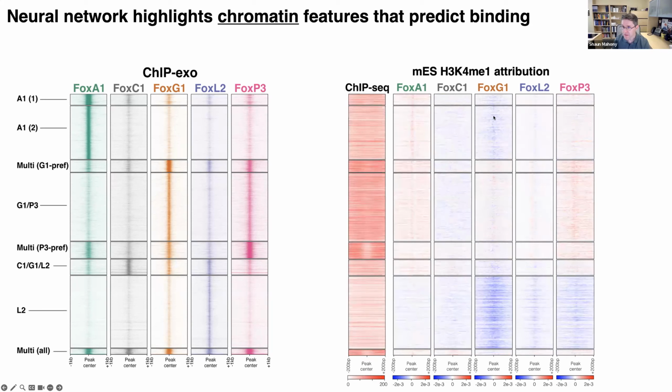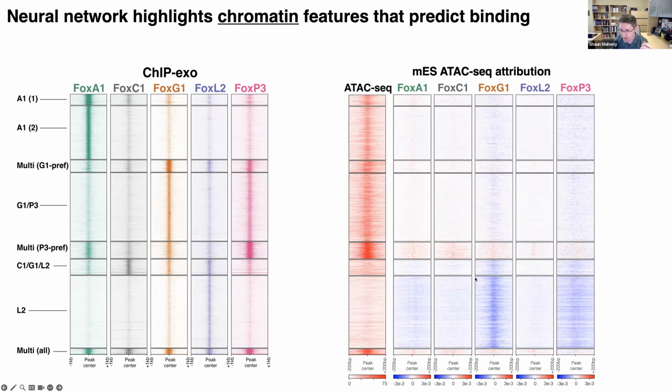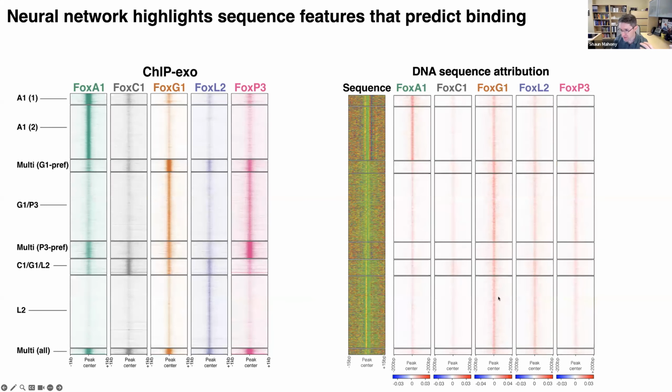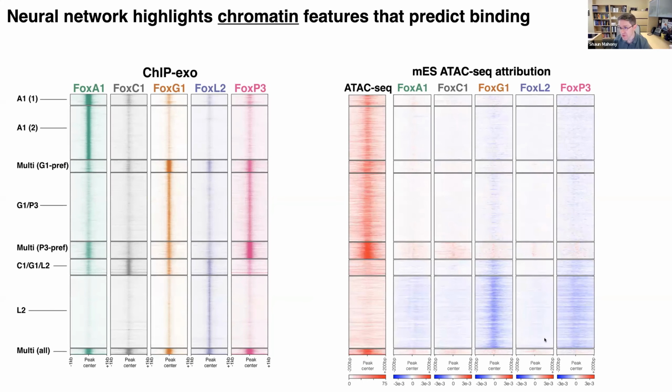You can see that the lack of ATAC-seq at this set of sites, for example, is quite a strong negative predictor of binding for FOXG1 or for FOXP3. So in other words, the sequence information can be similar across sites that are or are not bound, but those sequence informations can be counteracted by a negative chromatin feature.